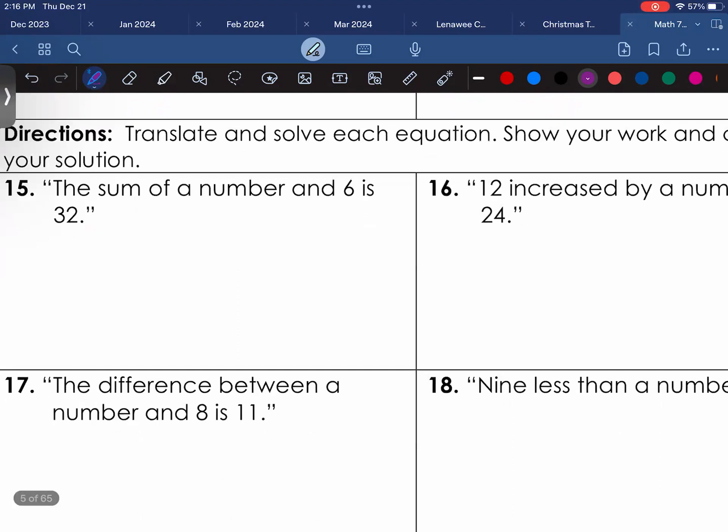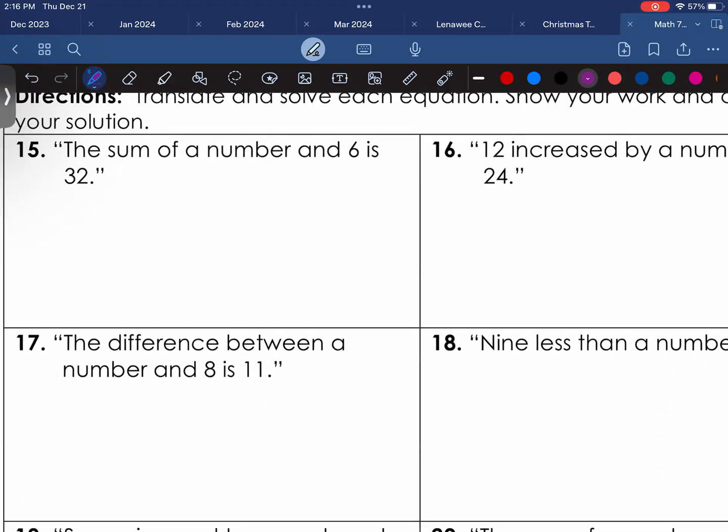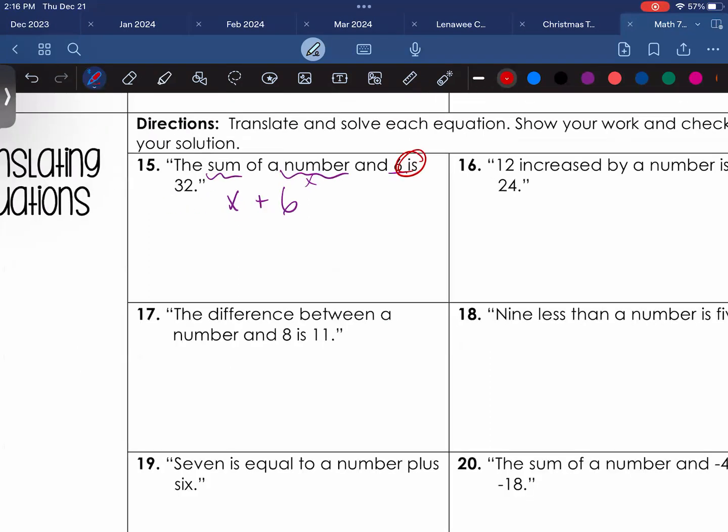All right, number 15. First, we have to set up our expression. It says the sum of a number. I'm just going to say x is just common. The sum, so I need a plus, of a number, I used x, and 6. So x plus 6 is 32. I'm going to circle that word is right here, and let's write a note on the side.